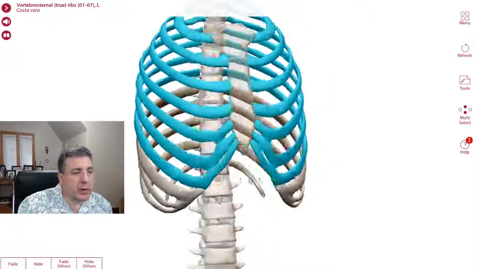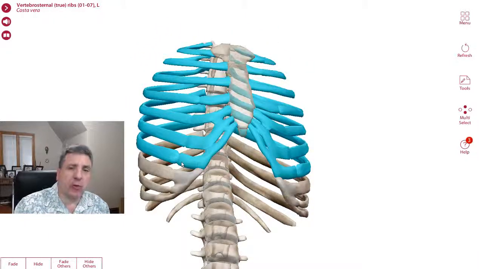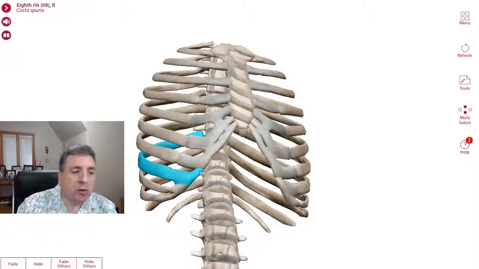Now although it looks like 7 is also including 8, 9, and 10, if you were to look at it histologically, at the tissue itself, all the costal cartilage here is associated with rib 7. So all of these are true ribs. 8, 9, and 10 share the costal cartilage with 7.